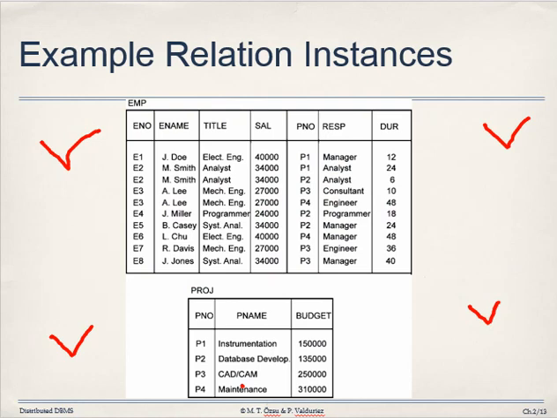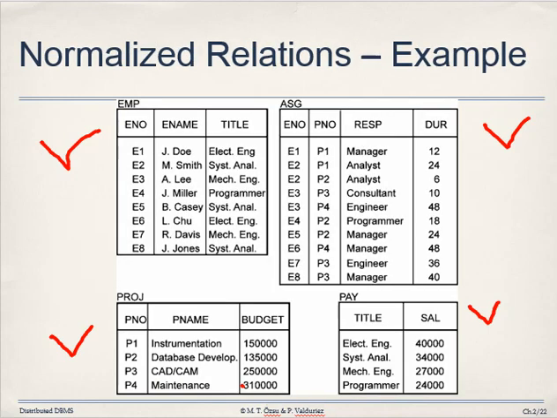By normalizing this table, we get four normalized forms: first is employee, assignment, project and pay.